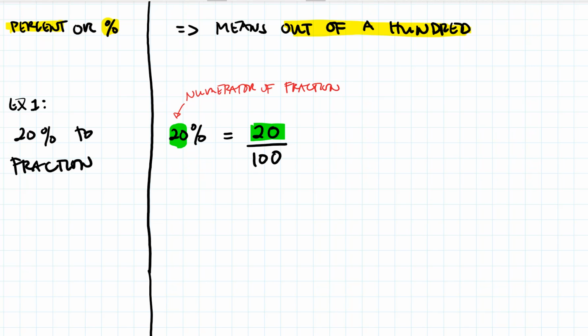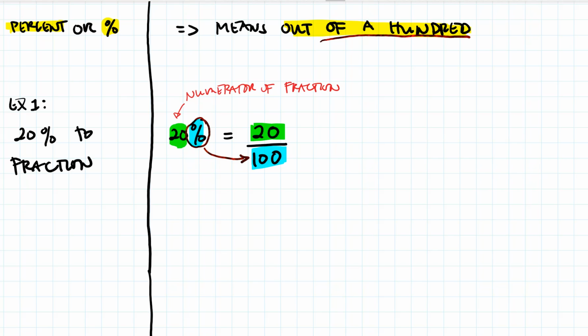And just change the percentage symbol into 100 because it means out of 100. So again, the percentage symbol just becomes the denominator.